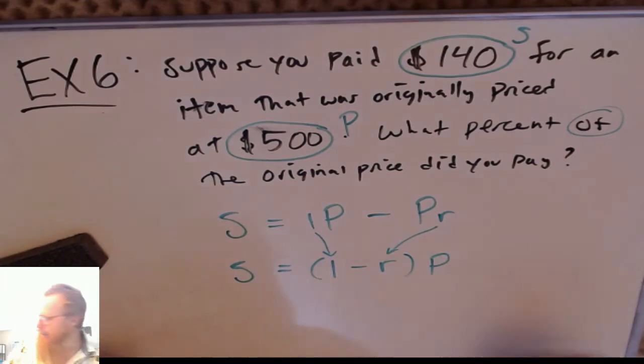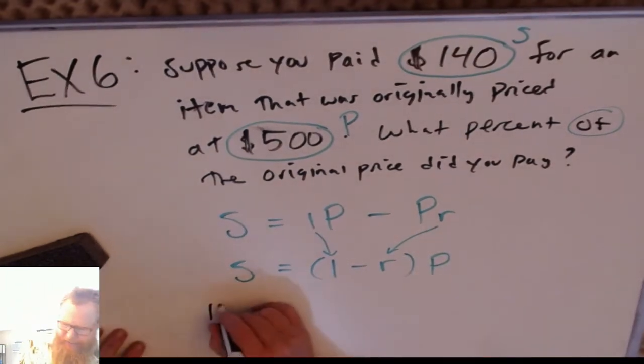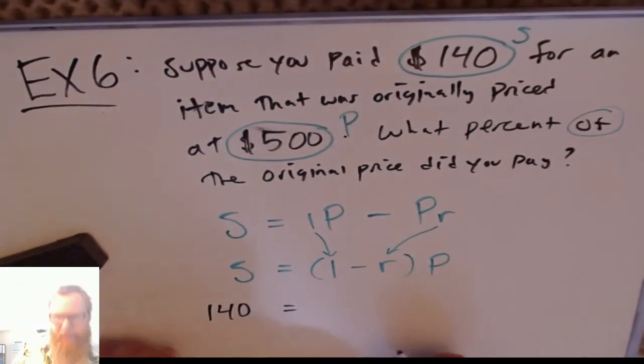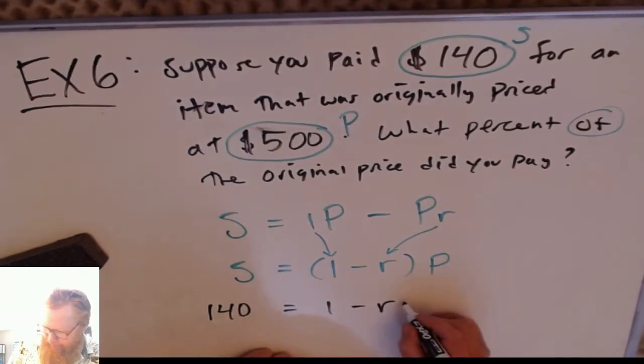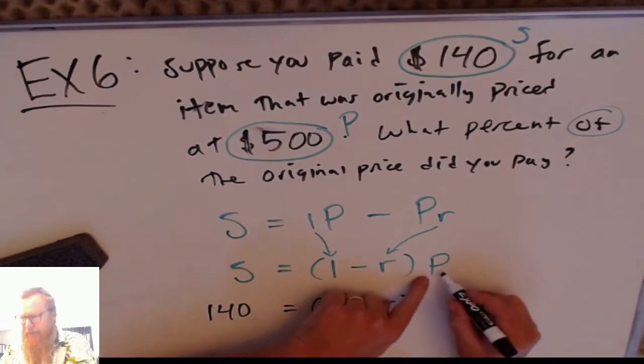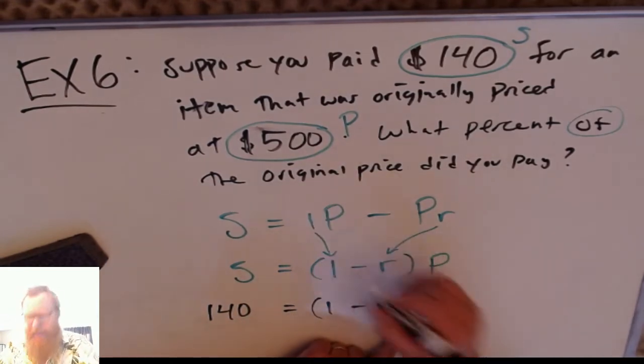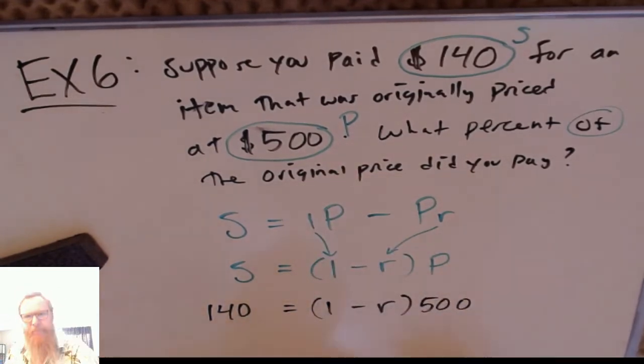All right, and now let's plug everybody in. S is 140 equals 1 minus R times P. P was 500. Let's see, how do we want to do this?